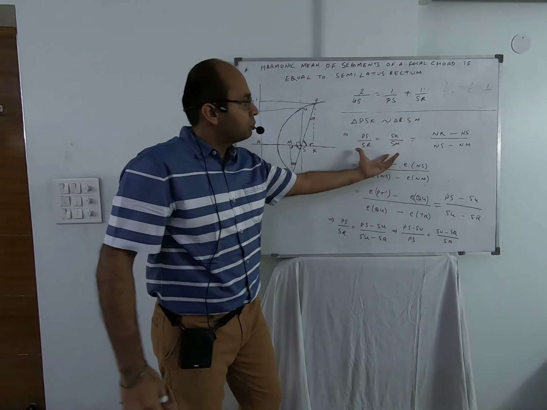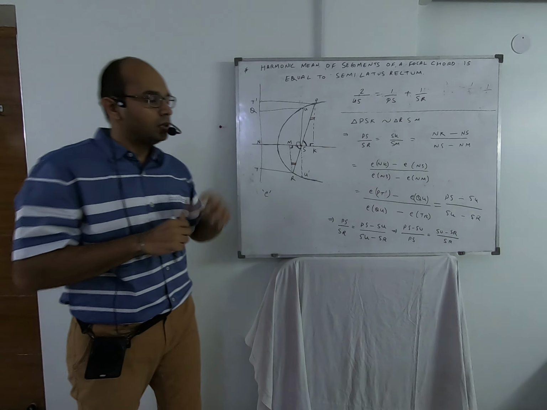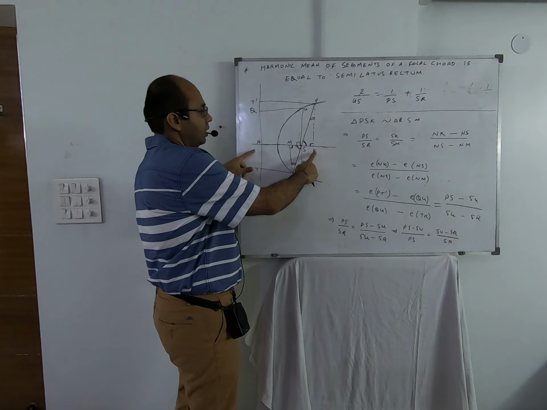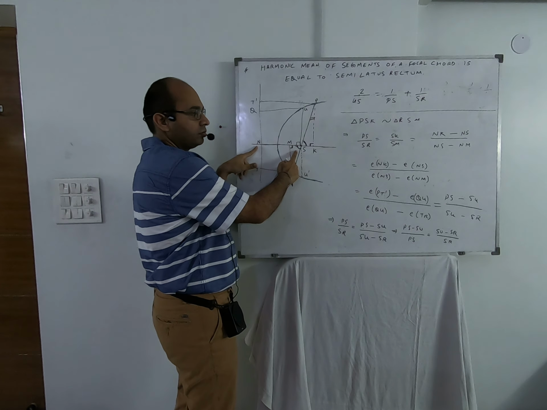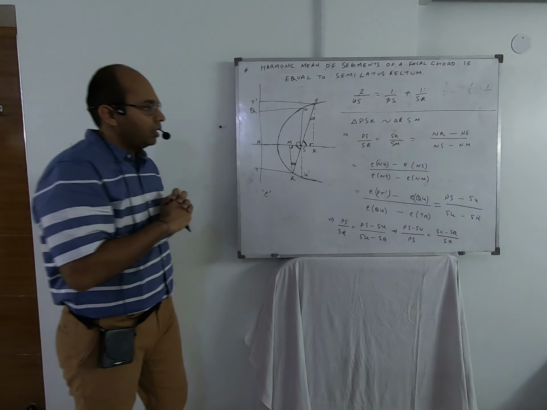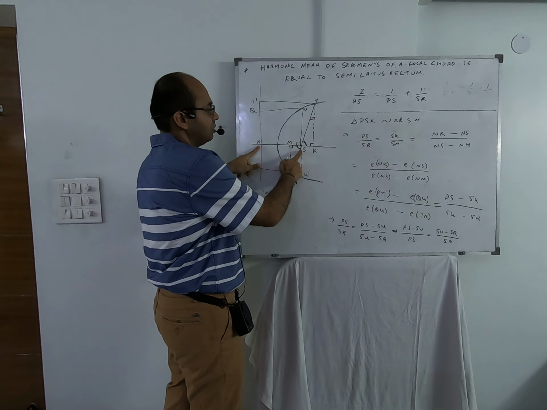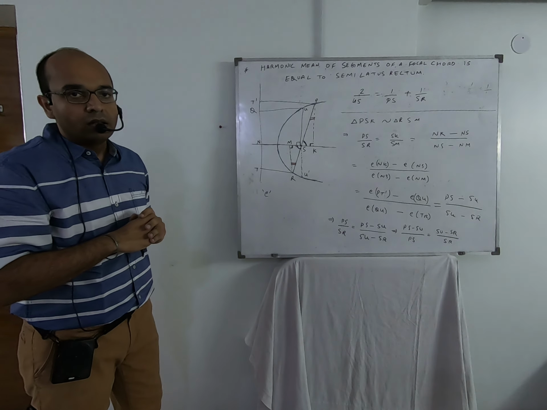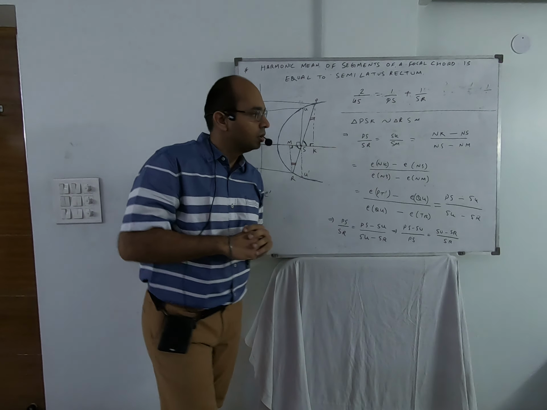Now I'll use this expression and manipulate it to obtain our result. I can write SK as NK minus NS, and I can write SM as NS minus NM.